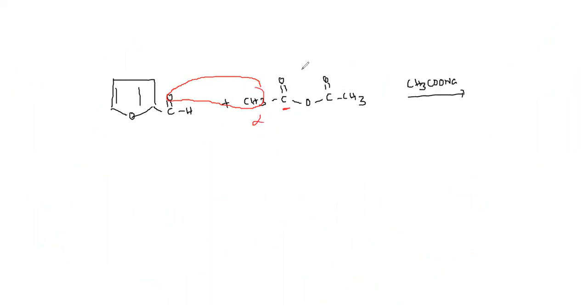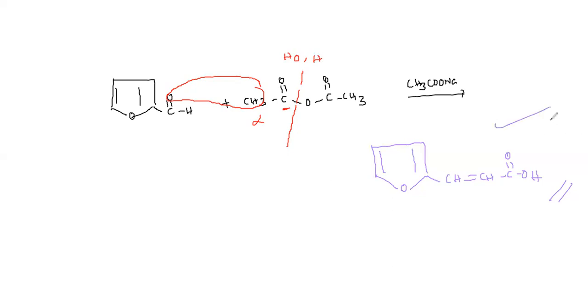For this water, you have to do the hydrolysis: OH is here, H is here. That is the final product, CH=CH, C=OH. This is the trick: whatever loses water, you do the hydrolysis, and we get the final product. So this is the Perkin condensation.